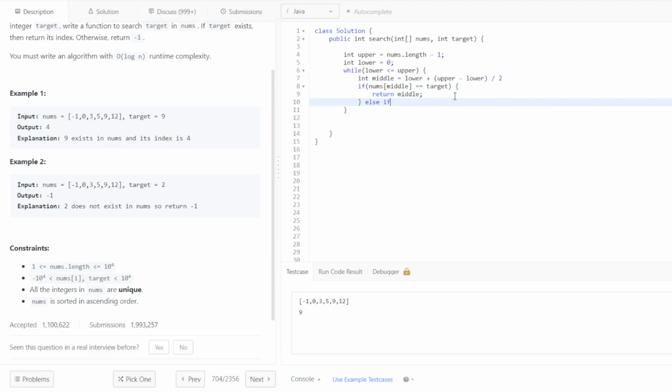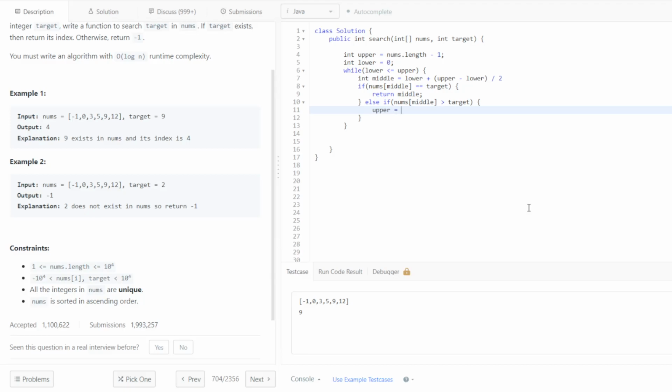Else if the element at middle is greater than our target, then we know that we're going to want to make our upper bound one less than the current middle.